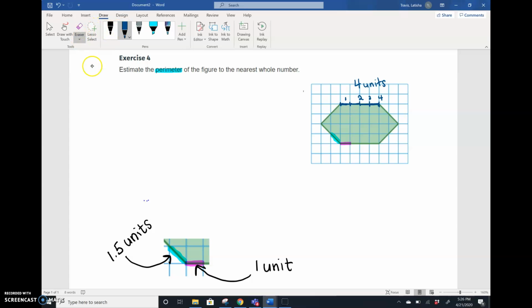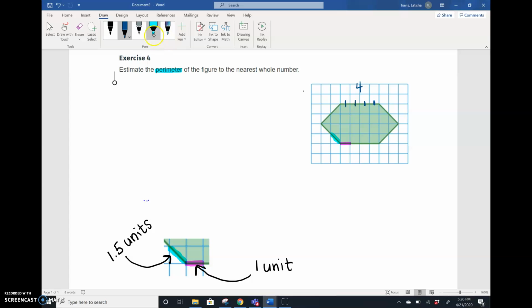But it's a lot easier to just count them and mark each one as you count so you don't double count. So this is 1 unit, 2 units, 3 units, 4 units in length. So that's 4 units.